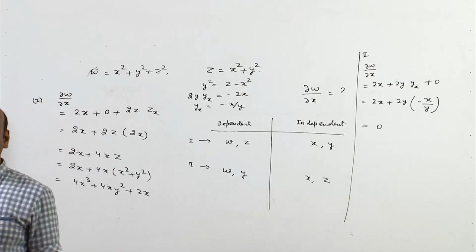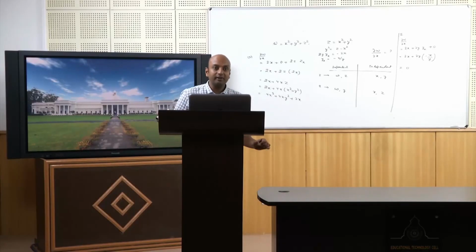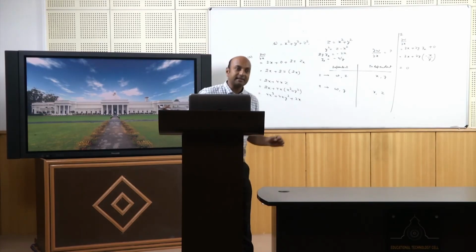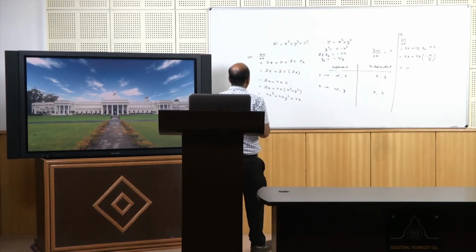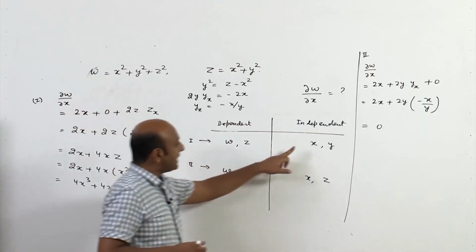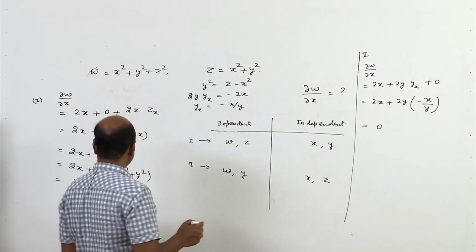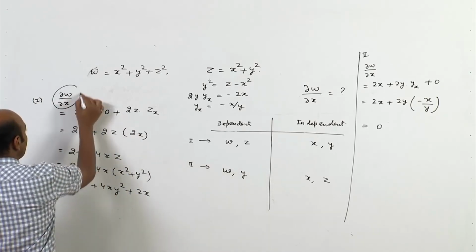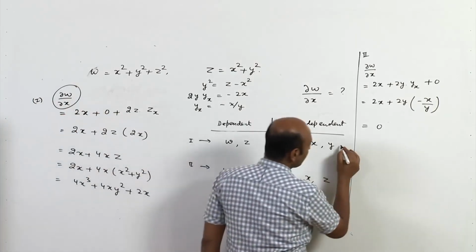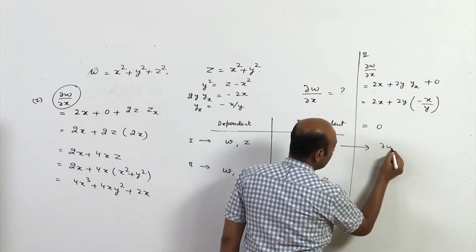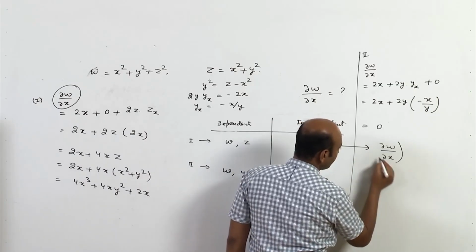So, in the problem it must be clear which variable we are treating as a dependent variable and which variable we are treating as an independent variable. Now, for the first case, when we are taking x and y as independent variables, the notation is del w by del x with y.